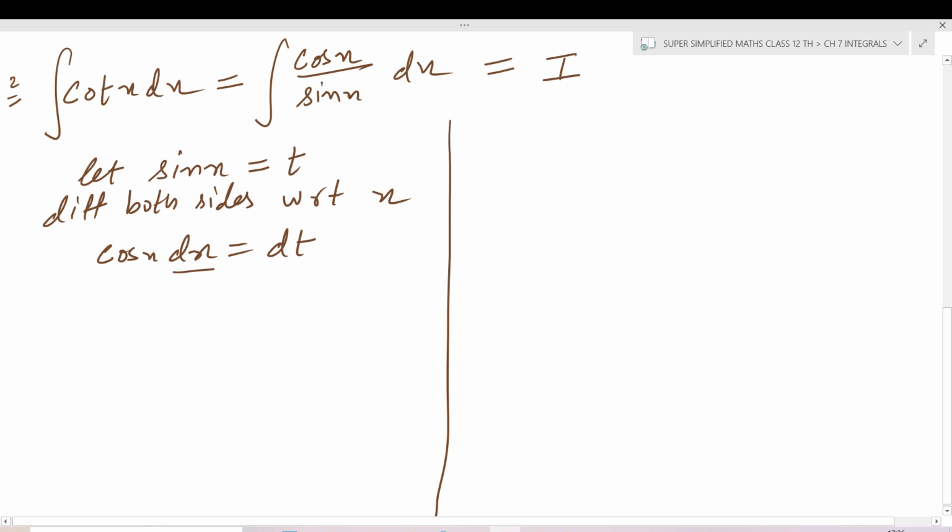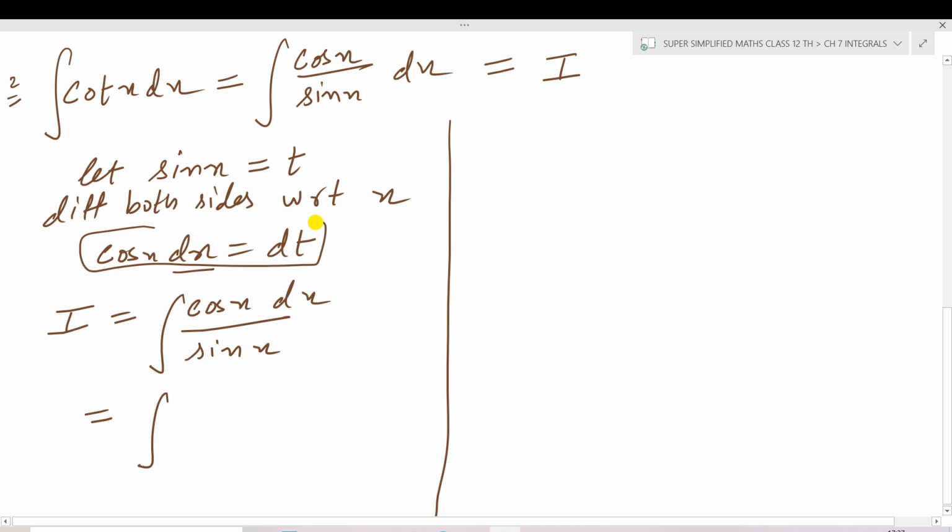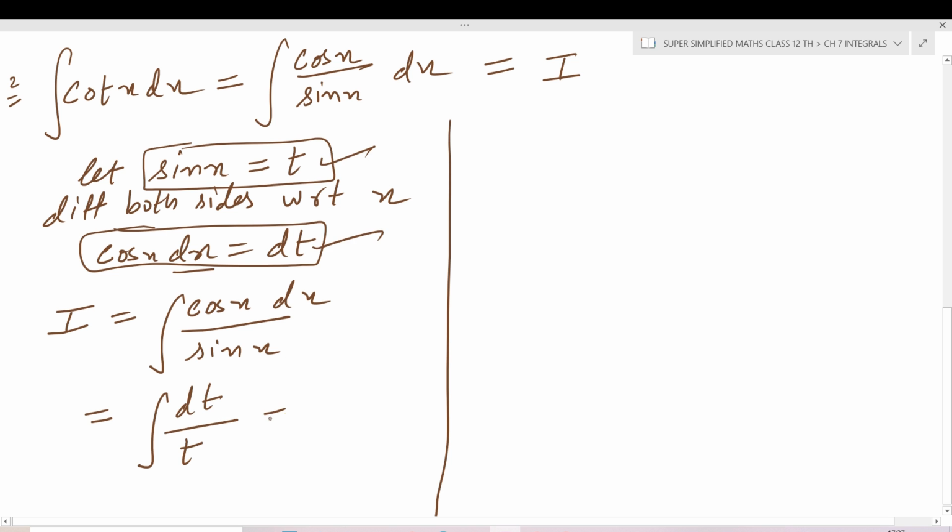Now making this substitution in this integral, let us first write what I was initially. Initially your integral I is this. After making this substitution, cos x dx becomes dt and sin x becomes t.